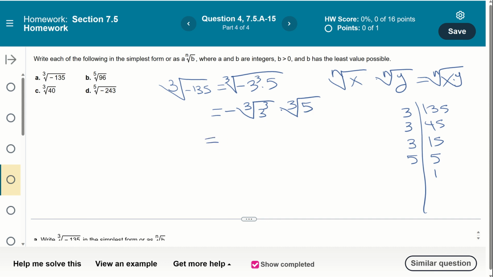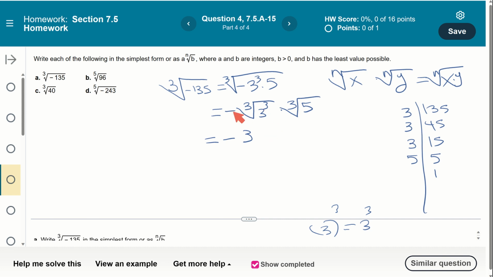Now what is the cube root of 3 cubed? What number do you cube to get 3 cubed? That's almost too simple, right? It would have to be 3. So this part here is just 3. Another way of thinking about it is, what's the cube root of 27? That's 3.